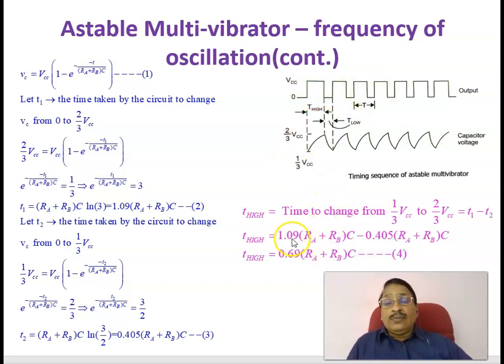First we have to calculate the duration for which the output is high. For that, we first need the equation for the capacitor voltage at any instant.